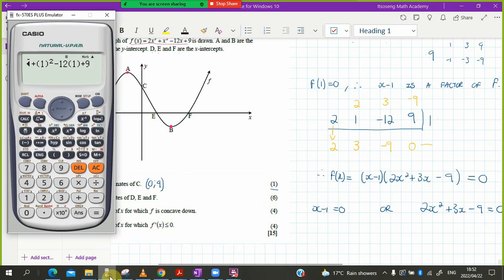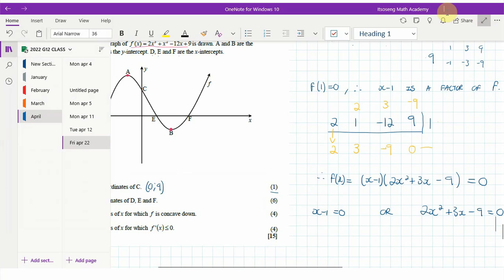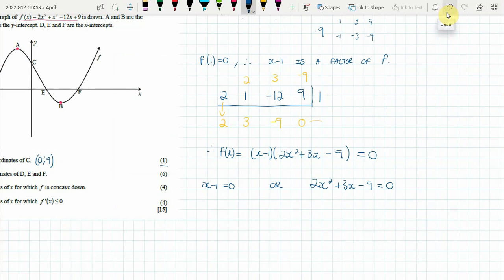It's going to be 2x minus 3 and x plus 3.